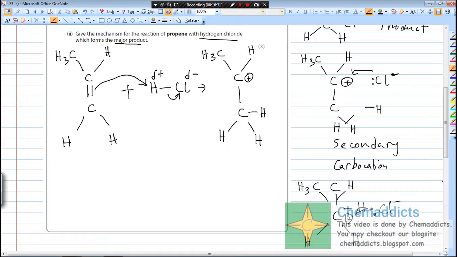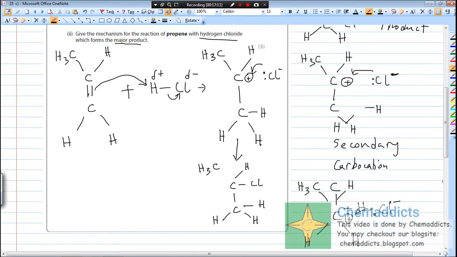Okay. In here later on the chloride nucleophile will attack here, thus forming this molecule, CH3CHClCH3. So fellas, this is the mechanism.